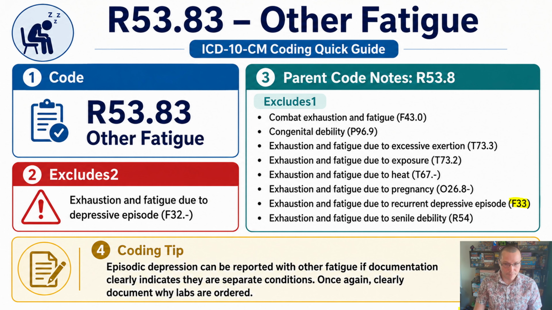Because then what will happen is if you document it clearly, coding will then separate the labs. As long as they're separated from each other, it'll be completely fine and you won't deal with a denial issue. But obviously if you have a depression code on, let's say, a CMP, you're probably going to get a denial because usually insurance is going to be like, why are you ordering a comprehensive metabolic panel with just depression? But if you have it documented properly and then the R53 can be assigned, you have a way higher chance of them accepting it.